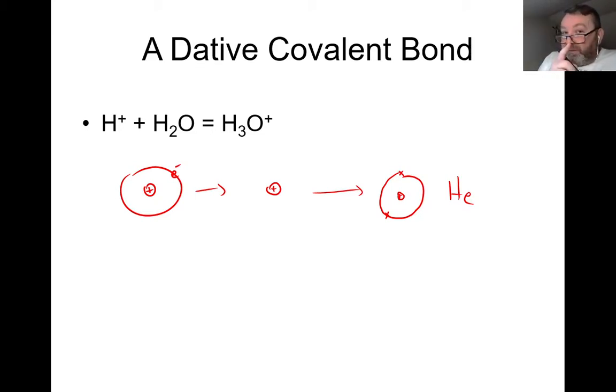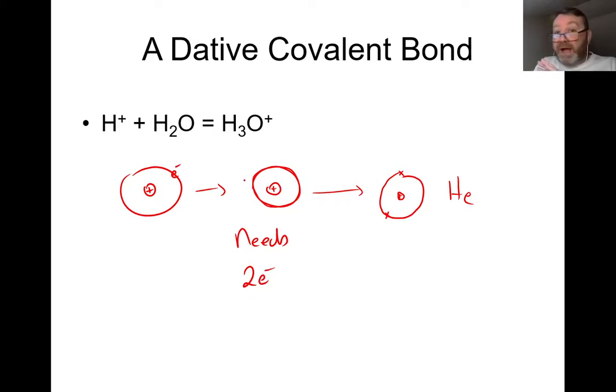That means that the bare proton needs 2 electrons. The hydrogen atom only needs 1 electron to become like helium, but the bare proton here needs 2 electrons to become like helium, which means that the hydrogen ion, the H+, has nothing to offer any atom that is willing to give it 2 electrons.